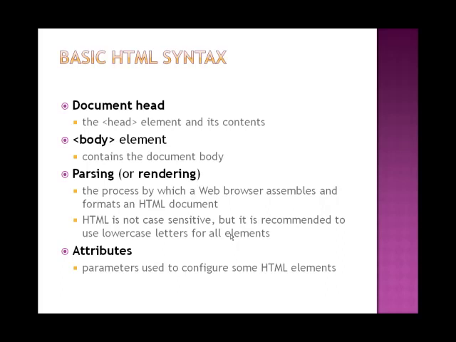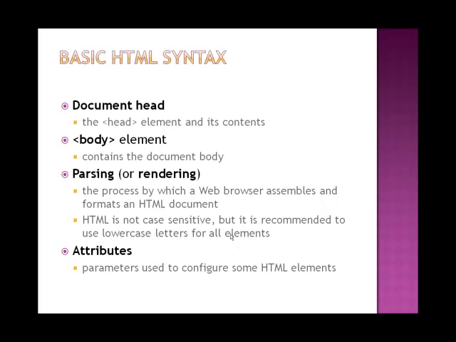There are various parameters that we can use to configure the HTML elements, and these parameters are called attributes. We place these attributes before the closing bracket of the opening tag, and we must separate each attribute from the tag name or from other attributes in the opening tag.